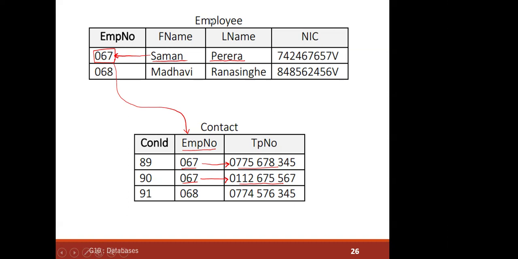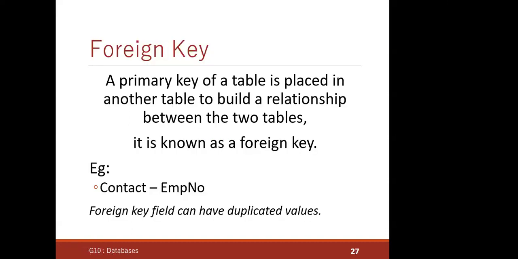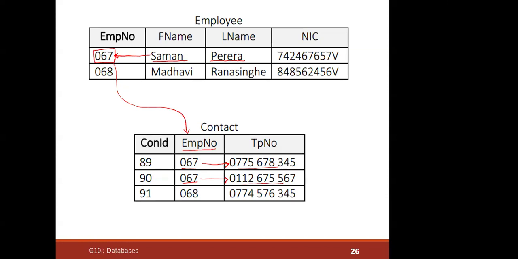So the primary key of the employee table is placed in the contact table so that we can relate the phone numbers to each of the employees to build a relationship between the two tables, right? So what is known as a foreign key is this fellow. හරි මෙයාට තමයි අපි කියන්නේ foreign key එකක් කියලා. මේක තමයි අපේ primary key එක. Right? See, so it's always a primary key foreign key relationship එකක් තමයි සාමාන්‍යයෙන් තියෙන්නේ.